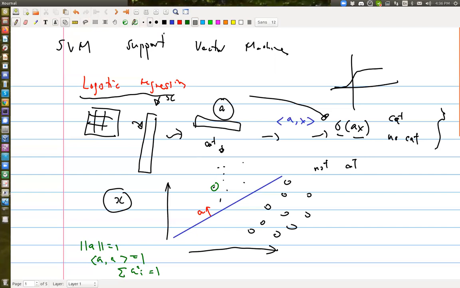Okay. In particular here, consider this X, for example. For this X here, Ax will be, maybe I give some precise values to see if it gives more intuition.